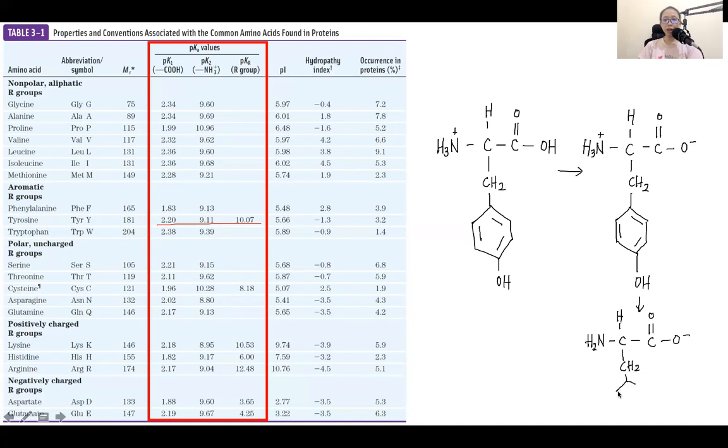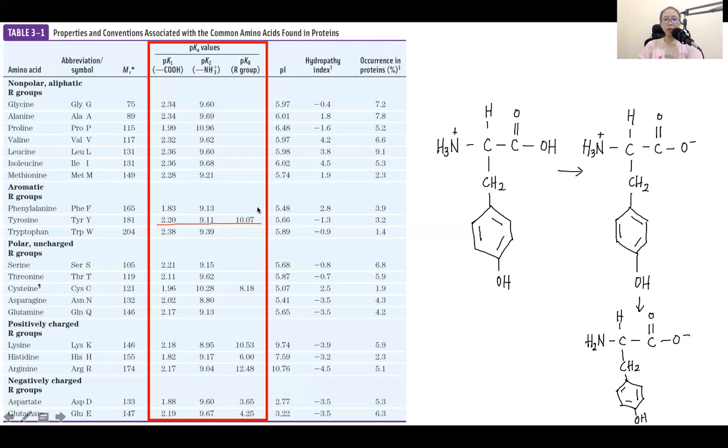And finally, we have the pKr, which refers to the dissociation of the proton from the side chain. So which proton will dissociate? It's the proton from the alcohol group.